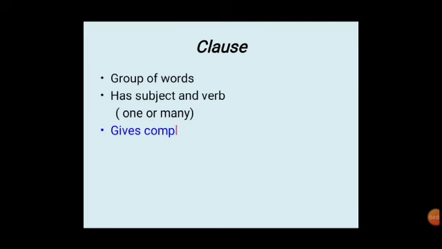Clause always gives complete meaning. Fourth, clause can be either dependent or independent. For example, if it is a main clause, it can stay independent. It can convey its meaning on its own without depending on any other sentence or any other part of speech.